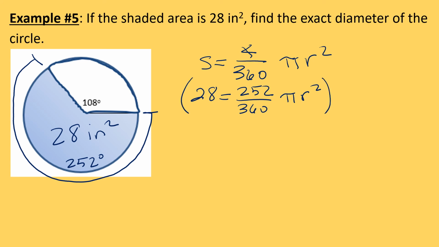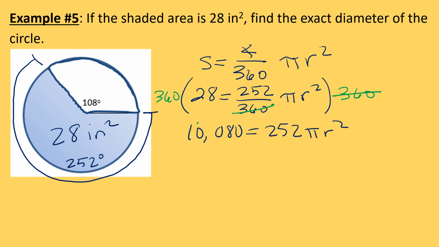So for me, I'm probably going to do this first. I'm going to multiply each side by 360. So the 360s cancel out. So in my calculator, if I take 28 times 360, what do I get? I get 10,080. And that equals 252 pi r squared.